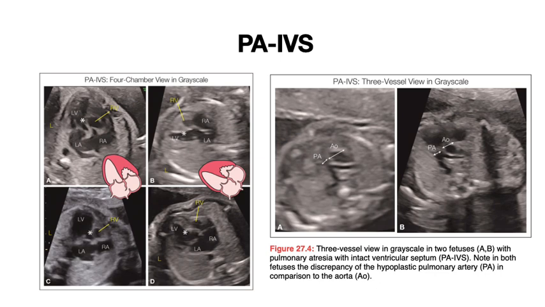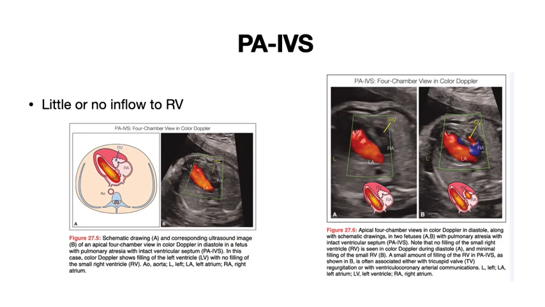And you can see that there's a big discrepancy between the pulmonary and the aorta. On color Doppler, sometimes you'll simply see that as just one flash of color on the left side and nothing going on the right, or as in the picture in the far right there, a little blip goes in there into the right ventricle. So yes, there is some movement, but not very much.